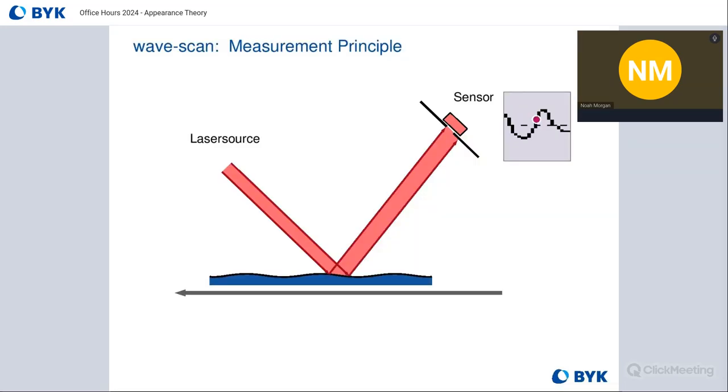Then it starts to focus in as it hits that other angle on the surface. And finally, as we get into the valley of this structure, there's very direct light intensity going right to that detector. That is essentially how the WaveScan will measure those types of surfaces and create that optical profile.